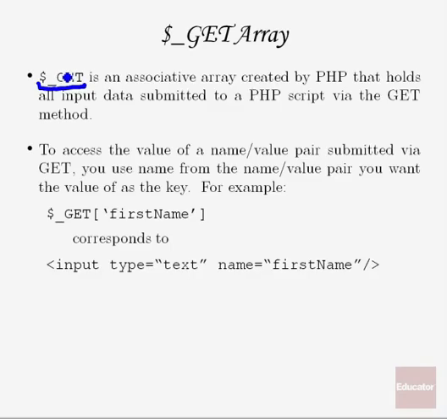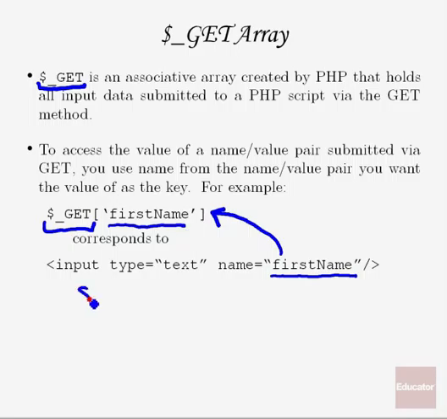So for example, if we have a text field and we have it set at the name first name, when you submit a form containing that text field, whatever value is assigned to that text field is going to be associated with first name. So it's going to be first name equals Matthew as part of the query string. And what's going to happen is PHP is going to create this GET array that's always available in your PHP files. It's going to create a key called first name, and it's going to associate with that key the value that you submitted.